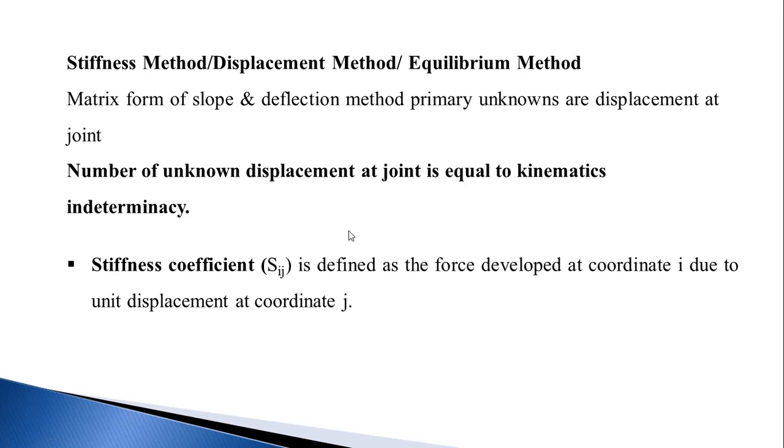In the stiffness method, we consider kinematic indeterminacy. Then the stiffness coefficient Sij is defined as the force developed at coordinate i due to unit displacement at coordinate j. See here, what is meant by stiffness coefficient? It is defined as the force developed at coordinate i due to unit displacement at coordinate j.